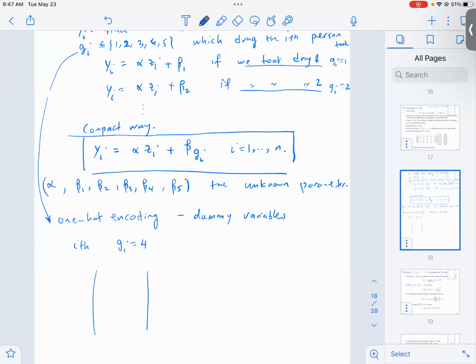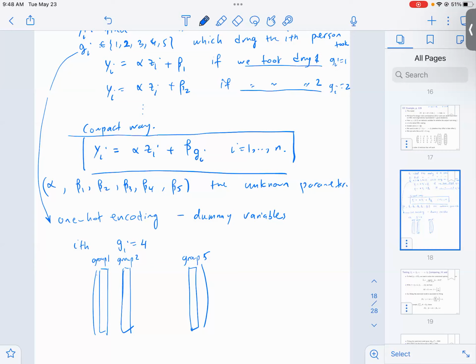Okay, so in this case, each column would be associated to one of these groups, right? So it's like group 1, group 2, all the way to group 5. So all the people that are in group 1 will have 1s here and 0s everywhere else.